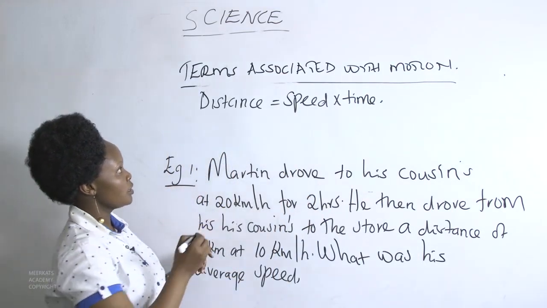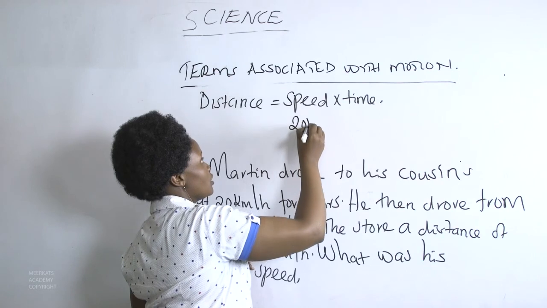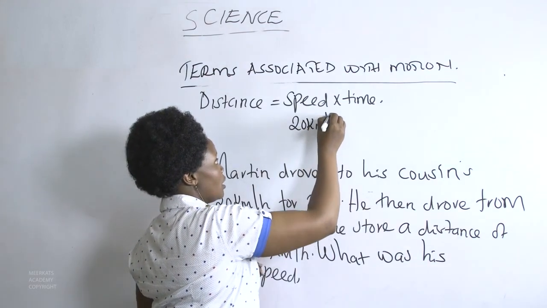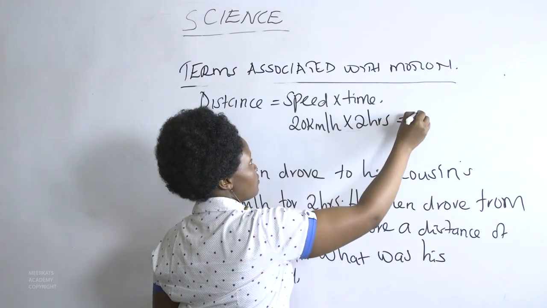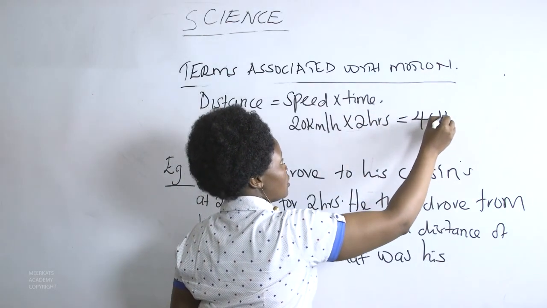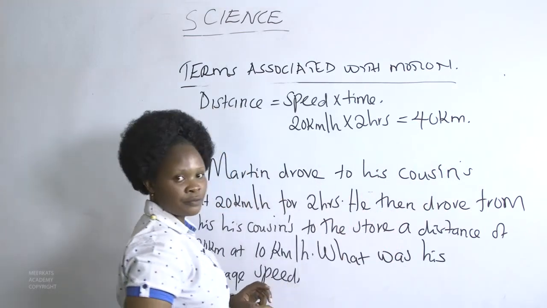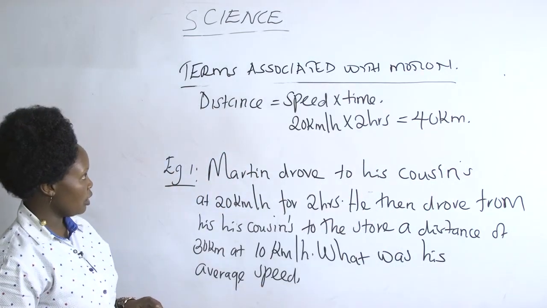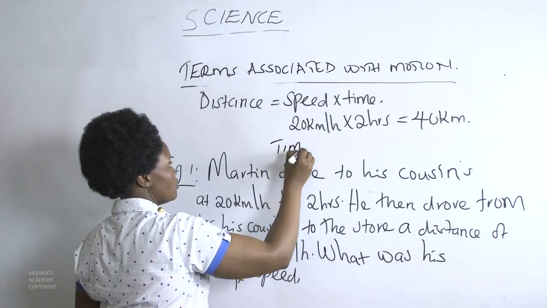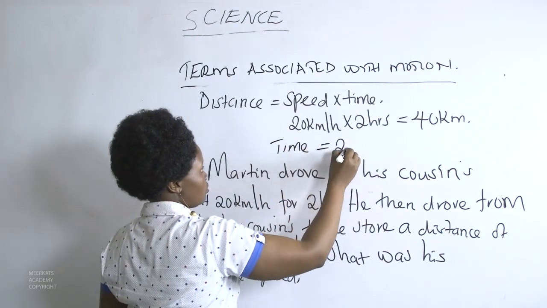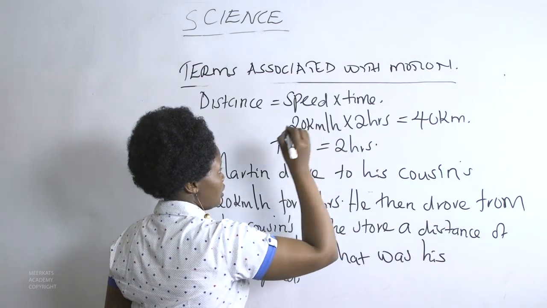In our case, we have 20 kilometers per hour, you multiply by 2 hours, which gives us 40 kilometers. And time for that bit of the journey is 2 hours.